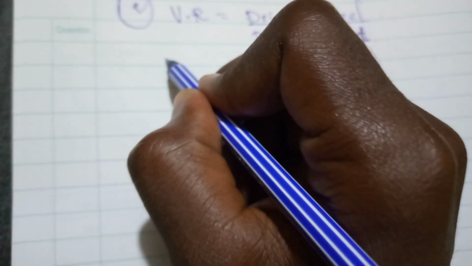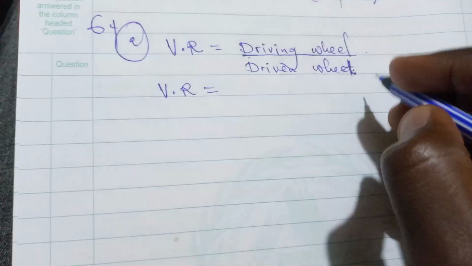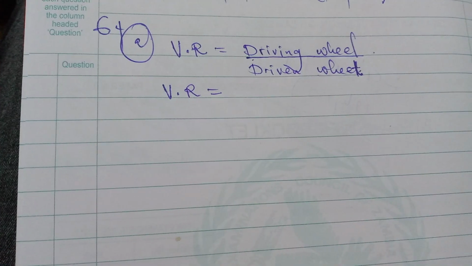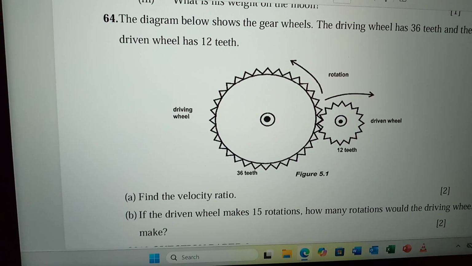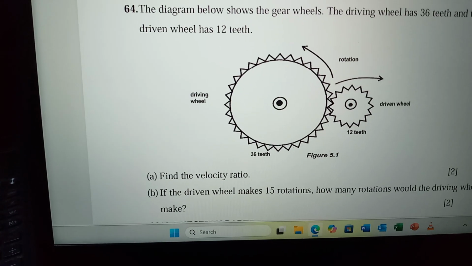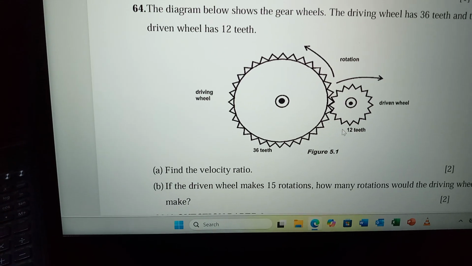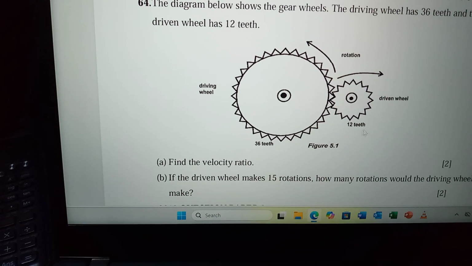So bear in mind that velocity ratio is equal to the driving wheel over the driven wheel. In the question you have been given the number of teeth: for the driving wheel there are 36, and for the driven wheel there are 12.